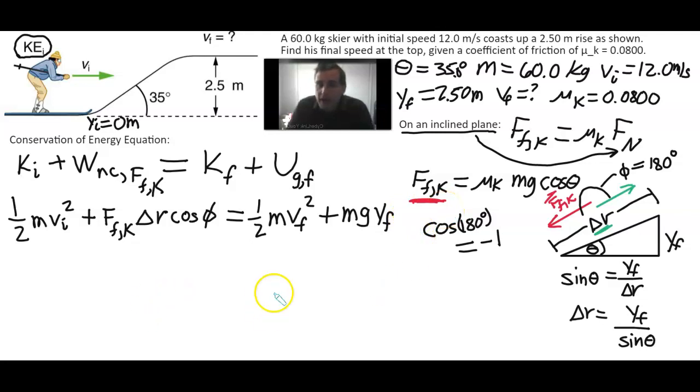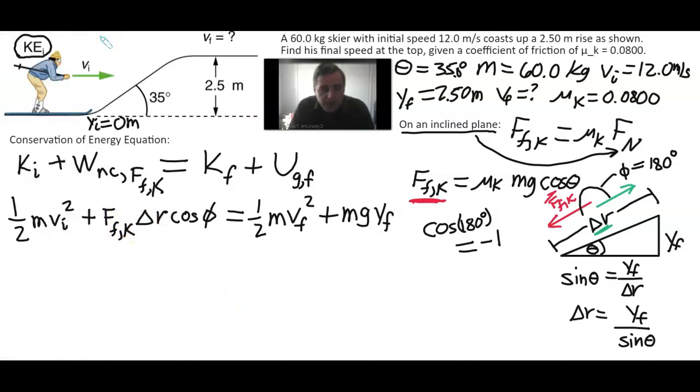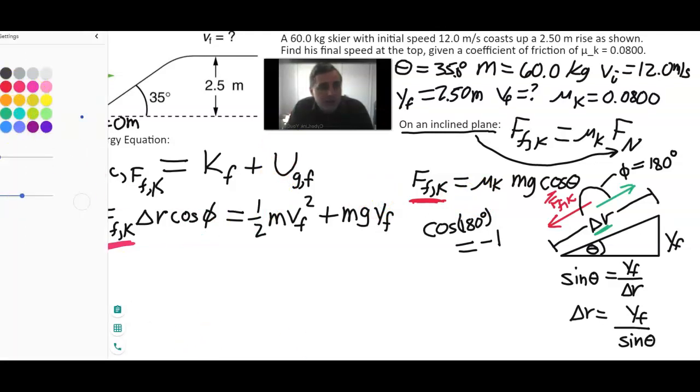First of all, we have the kinetic force of friction to insert into the problem back here. That is the conservation of energy. So I think that's going to go in here, as we show over here. Secondly, delta r is going to be inserted from here.